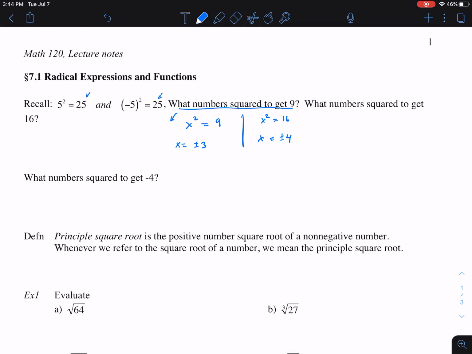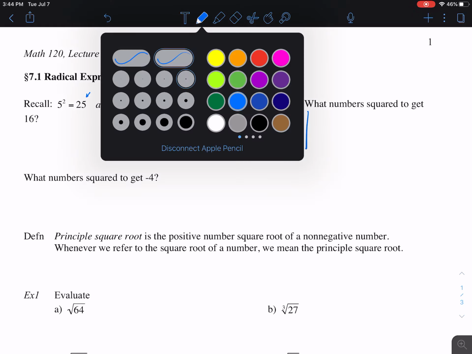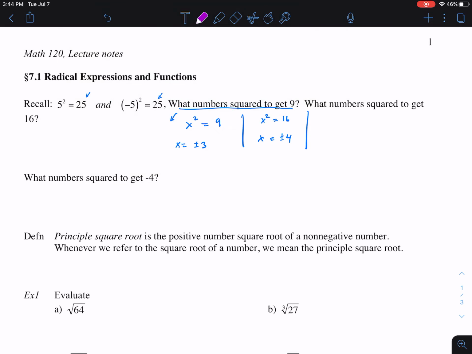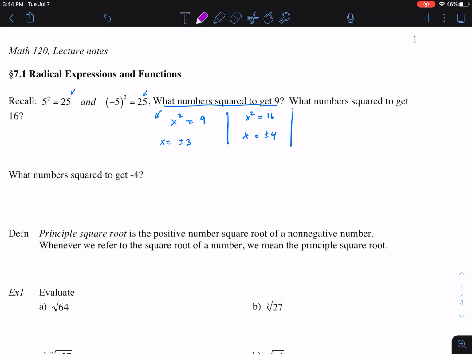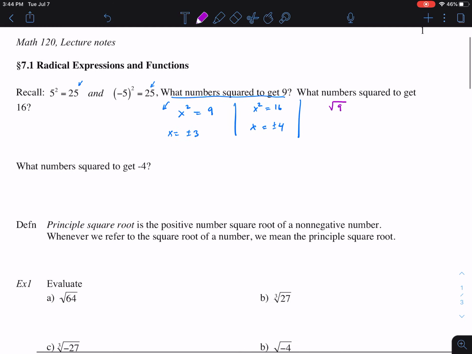But when we go backwards and ask to find a particular number which squares to get 9 or 16, we're looking for the positive number that squares to get 9. So this is called the principal square root.